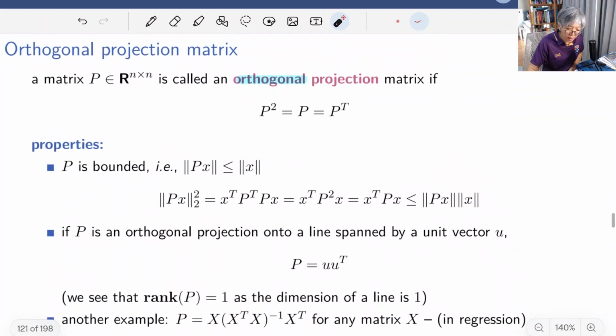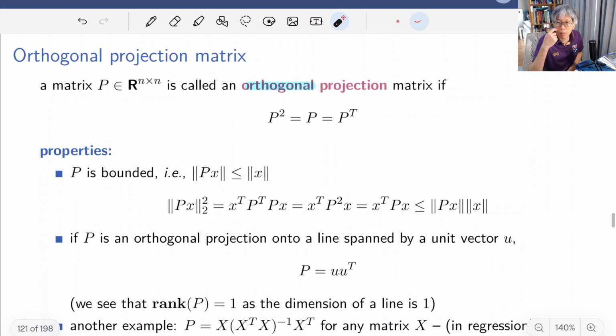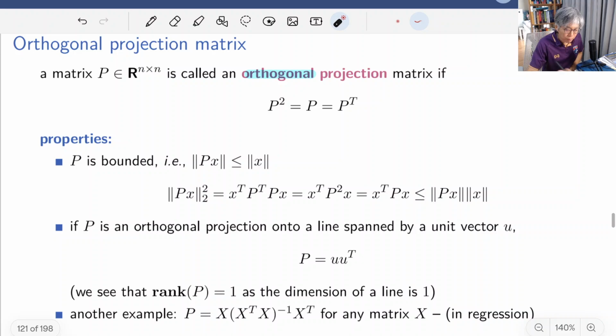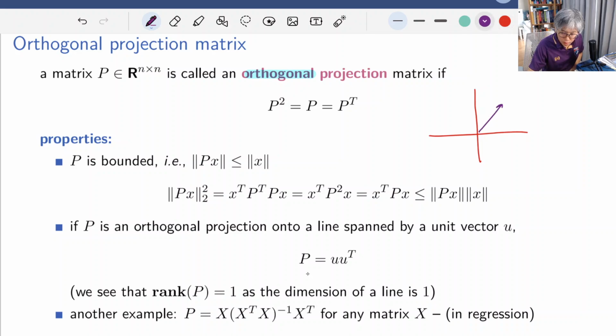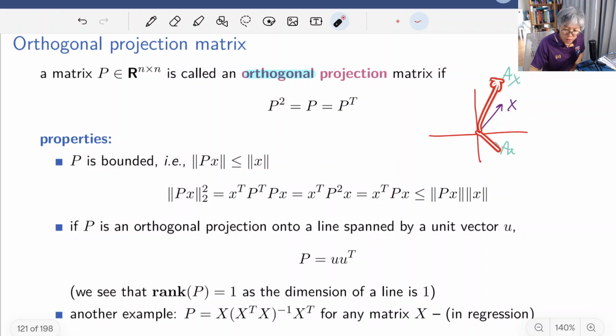Let's see what further properties we can derive. Believe it or not, if you have a vector x here, for any other mapping, for example Ax, Ax could go in any direction different from x, and the norm of the image under the transformation A can be larger or smaller than the original one. We cannot tell.